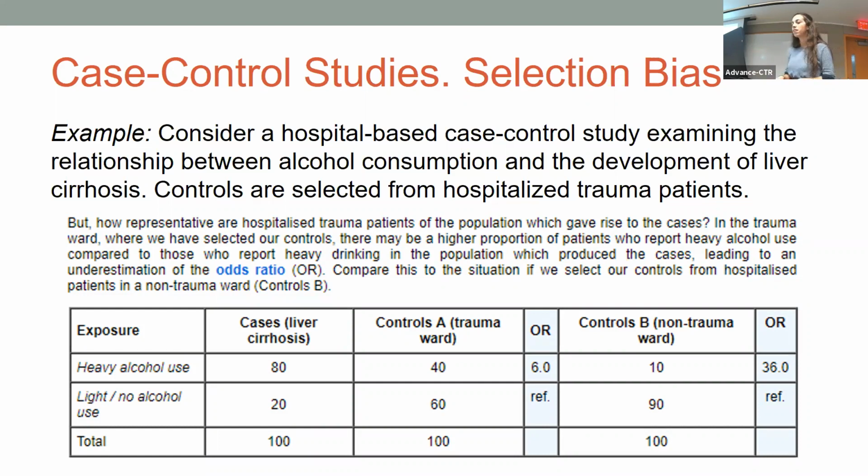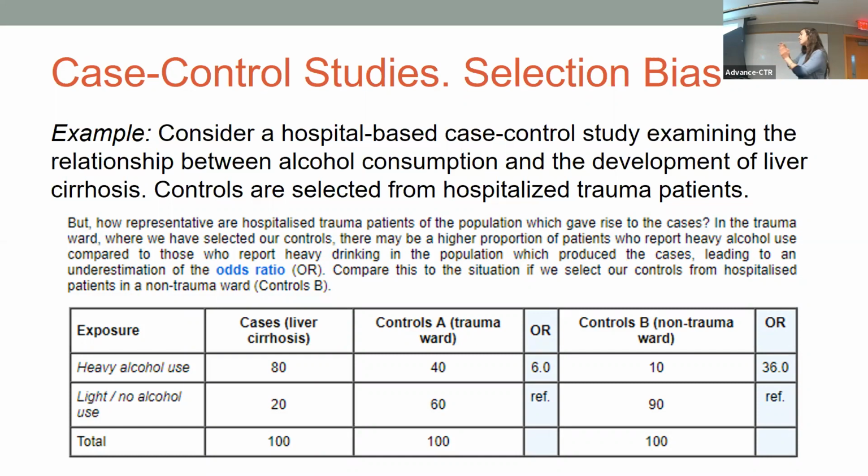The problem here is that if you use the controls in column A, the controls from the trauma ward, you're not sampling those individuals from the same population that the cases came from. The cases, which are individuals in the hospital with this liver disease, were sampled from the general population. And individuals in the trauma ward are likely to be there, not always, but they might be in the trauma ward because they've consumed a lot of alcohol.